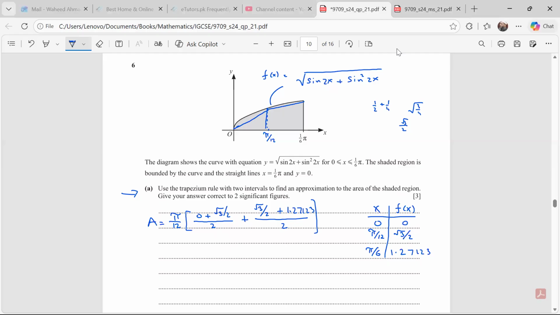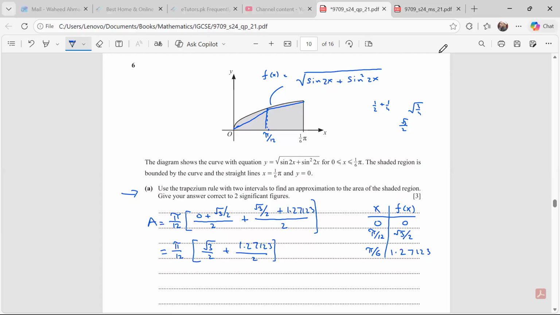So we can simplify this as pi by 12 times, and the 2 cancels, so I have just root 3 by 2 plus 1.27123 over 2.